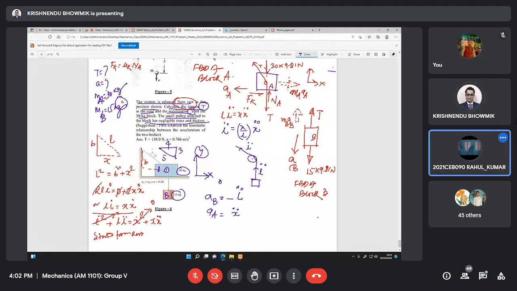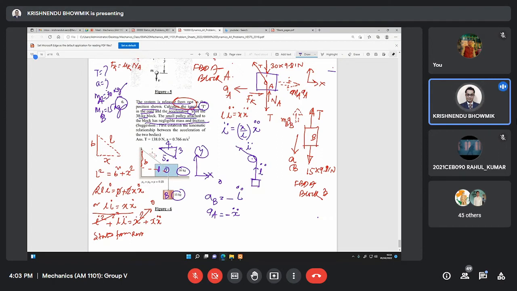Minus. Now, from this careful observation, 5 is related to L double dot, and 4 is related to x double dot.